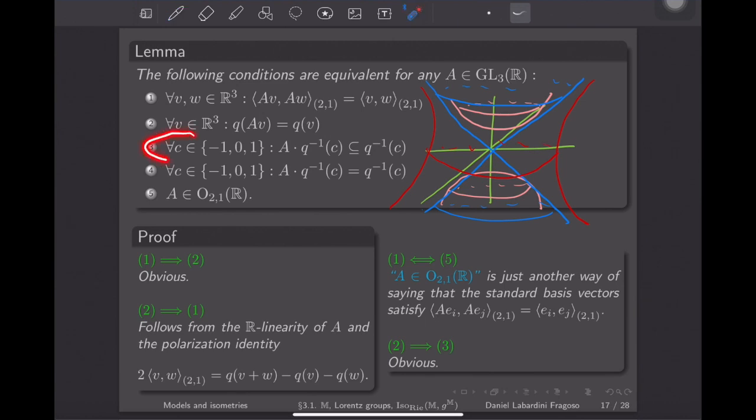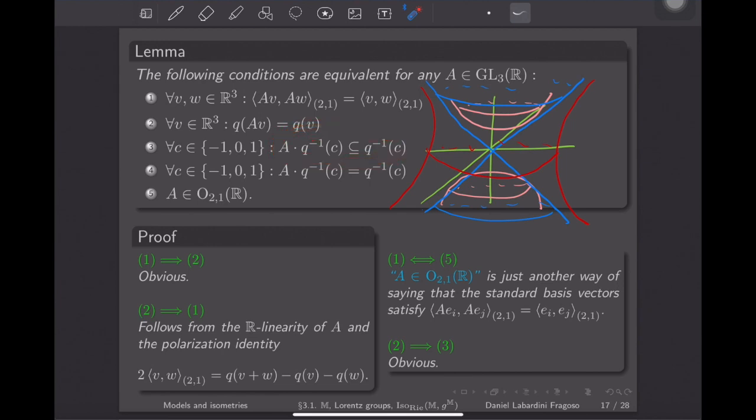What I'm saying here is that this matrix A maps the pink surface to the pink surface, but of course it could switch the sheets. That's perfectly possible. And even if it doesn't switch, it could be that it reflects. So even preserving the pink part may not be completely well behaved, but that's part of what I'm saying here.